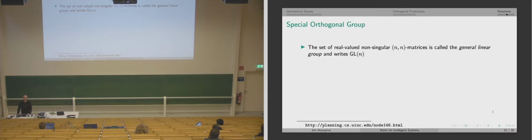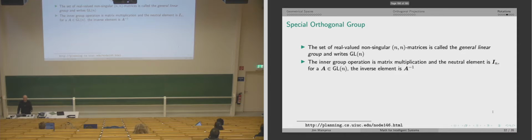Why am I talking about this in terms of rotations? The group operation is matrix multiplication, the neutral element is the identity matrix, and any square matrix in that group has an inverse element, which is called A inverse.